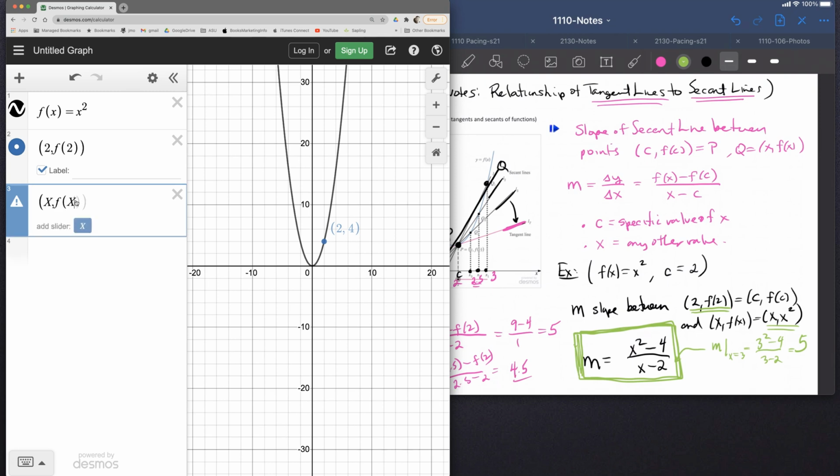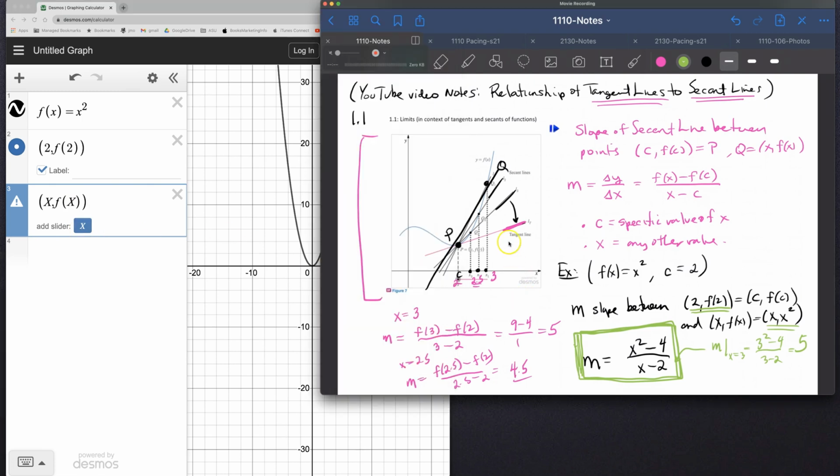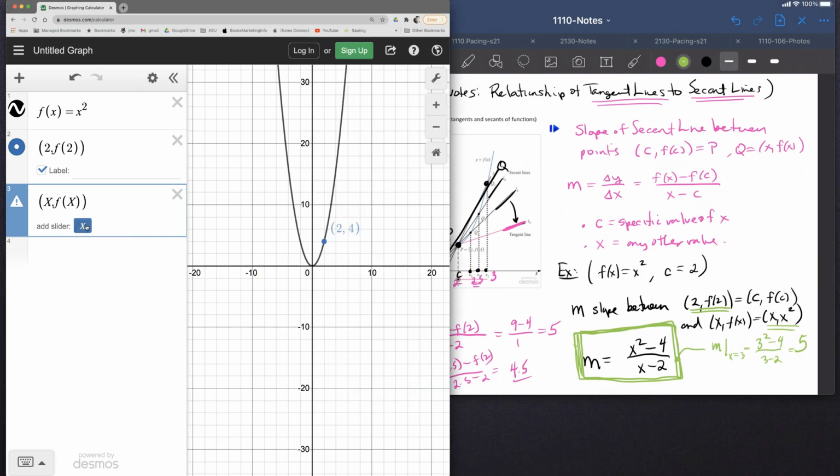I'm going to use big X here because Desmos won't let me use little x again. Here I'm going to do on Desmos what the picture in our book is doing. I'm going to take the values of x, the 3 dots along the bottom, getting closer and closer to 2. So let's add a slider bar for x, and let's adjust the values.